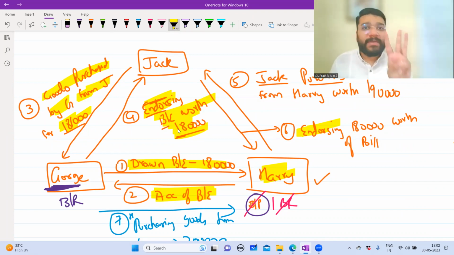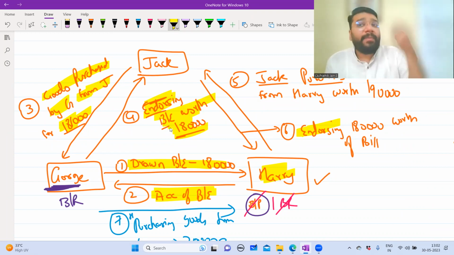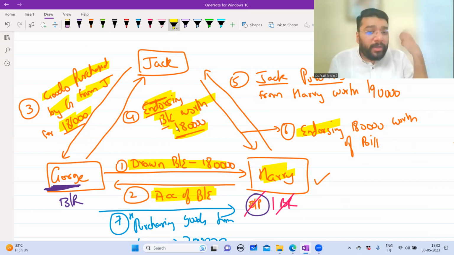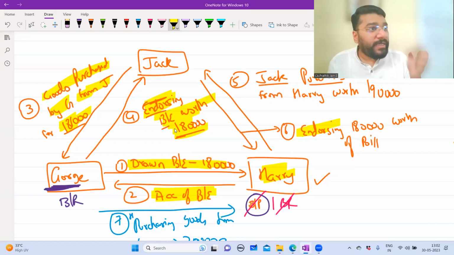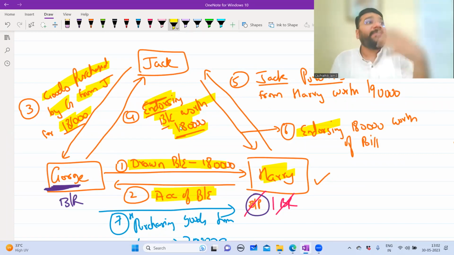Payment can be made in three ways: cash, cheque, or bill. If I give my bill to Jack, it is as good as making my payment. Correct? No? A bill of exchange is nothing but the money which I am supposed to receive in future, and that money I am giving to Jack. Now, instead of Gorgi receiving 180, Jack will receive 180 from somebody in future. So it is as good as making payment. When I give my bill to Jack, it is my asset I'm giving to Jack. It is my money that I'm giving to Jack.